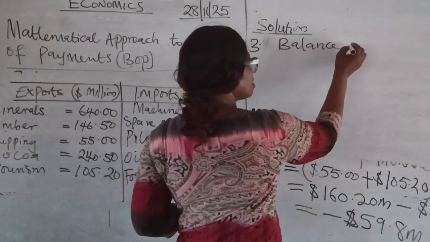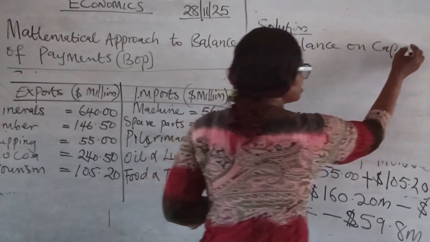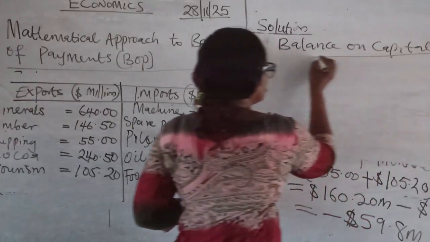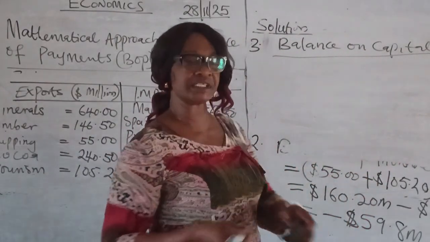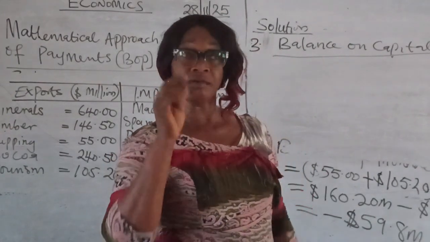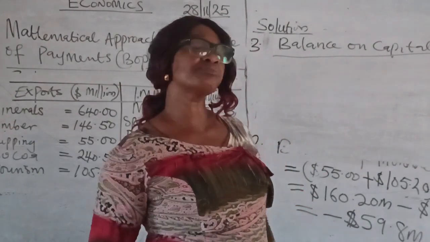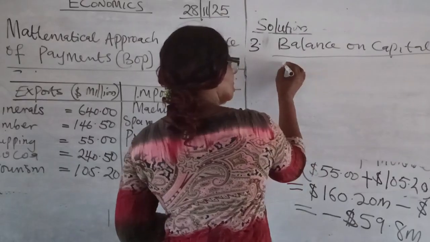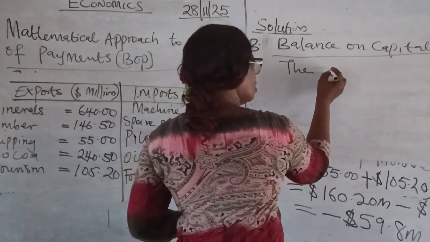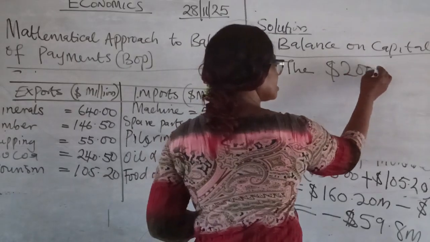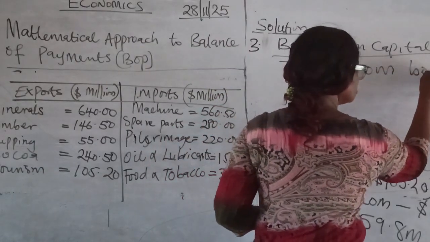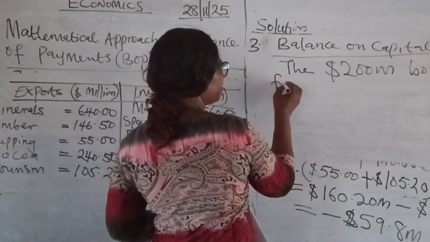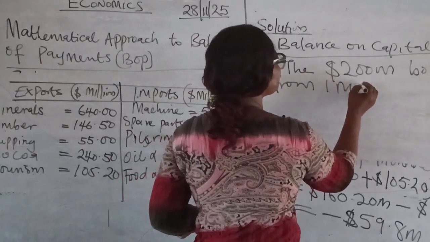Balance on capital account. And what is our balance on capital account? That's $200 million that the government borrowed from IMF.